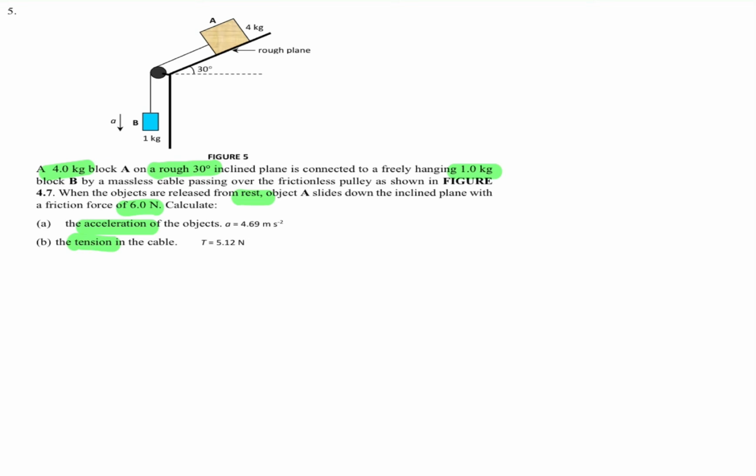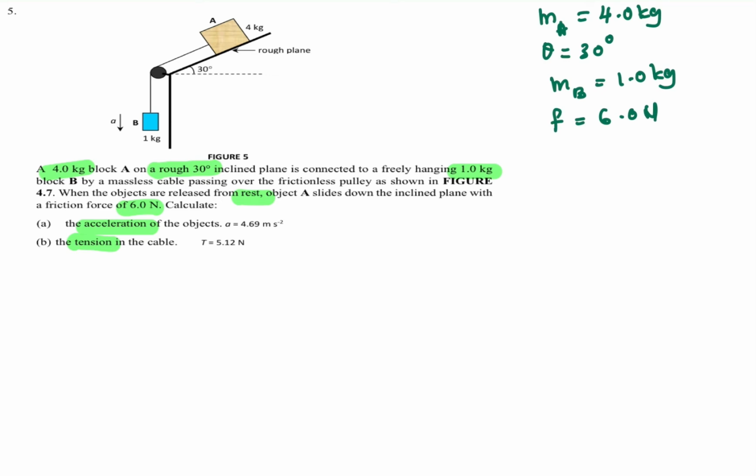So what you have to do is to draw a free body diagram first. Before the free body diagram, write down all information given. MA will be 4 kilogram, and then theta is 30 degree. MB will be 1 kilogram, and your friction force will be 6 Newton.